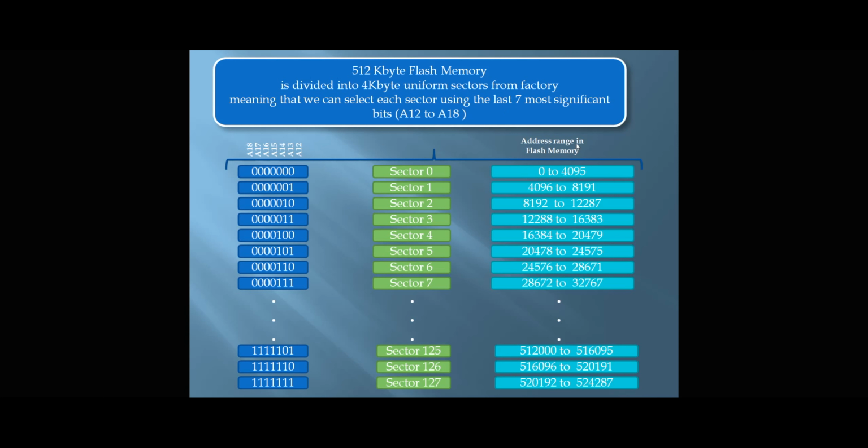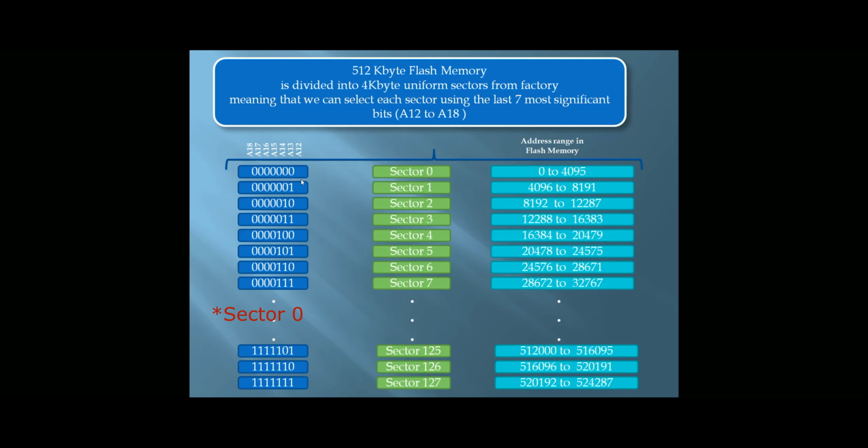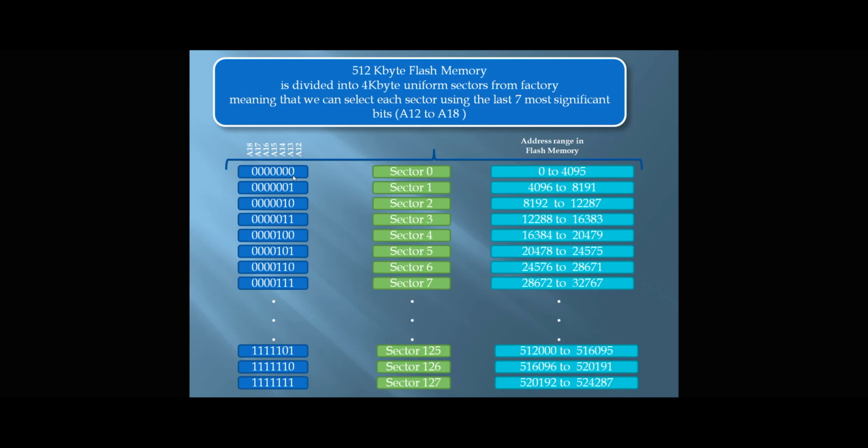So this is the address range in flash memory that we are pointing to when we point to sector 0. Now, logically, if you add 1 to these address lines, meaning we set A12 as 1, then we jump to the next address space, which we can call sector 1, and that means our address range will be from 4096 all the way to 8191. And this is quite logical, right?